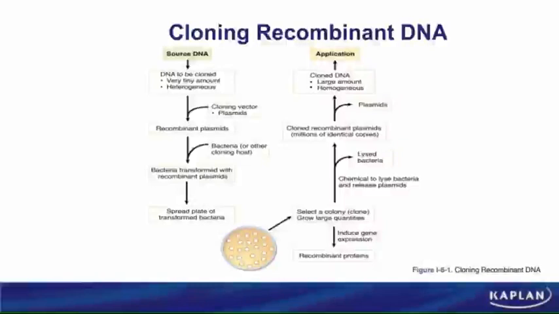As an example, suppose I want to clone the Turco insulin gene. I want to make millions of copies of the insulin gene that came from me. Well, the first thing is, where do I get the original insulin gene? There are two sources of an original gene. One source is genomic DNA. I could do a biopsy of any cell in my body.